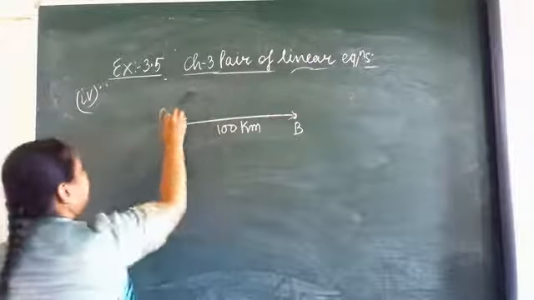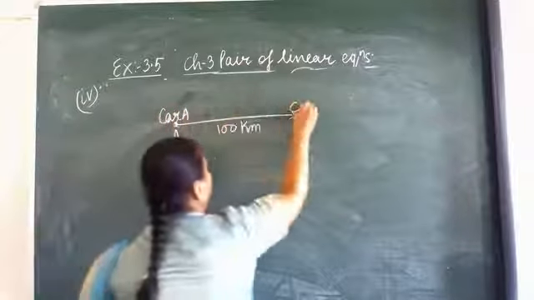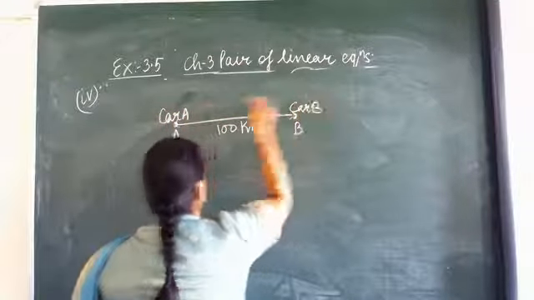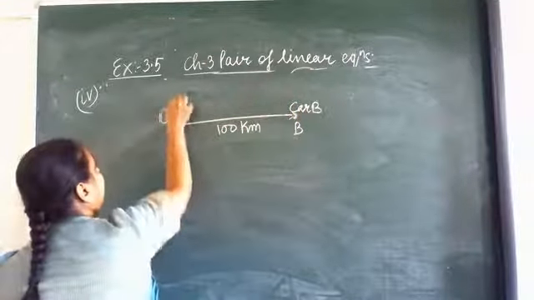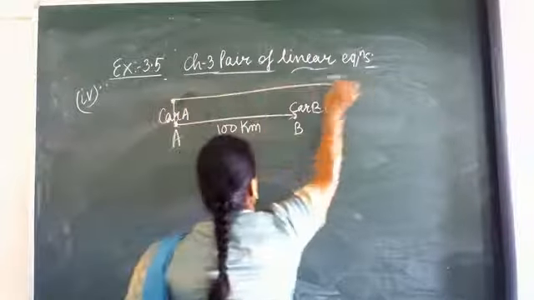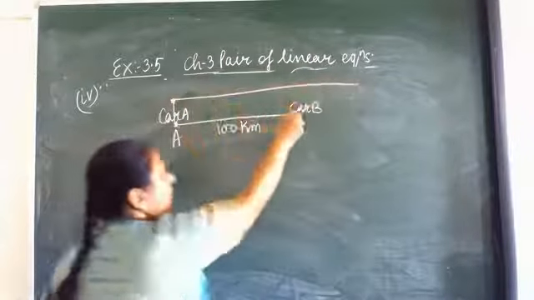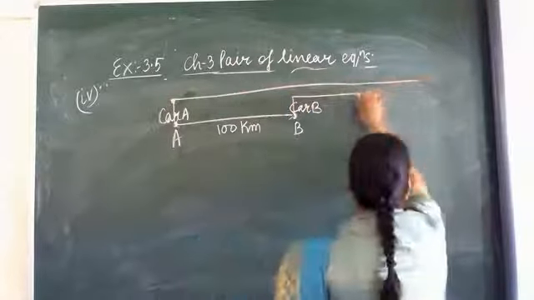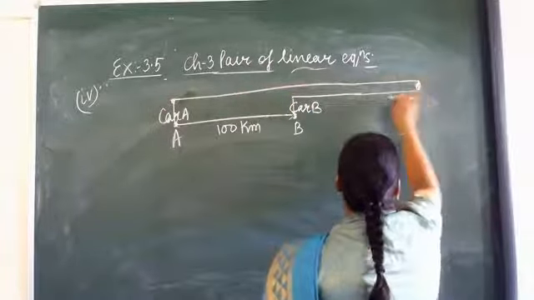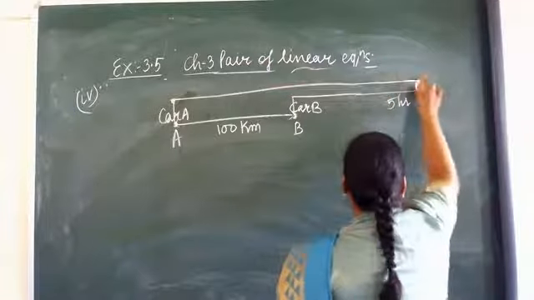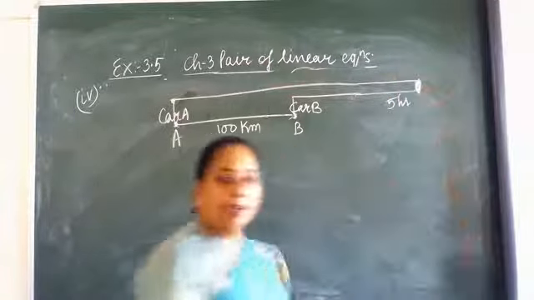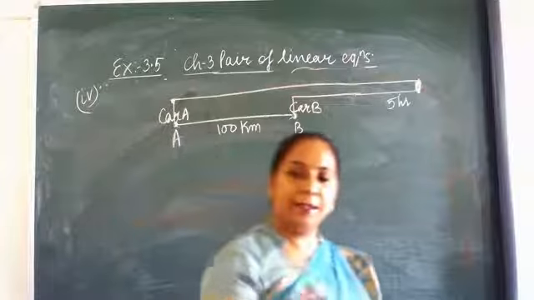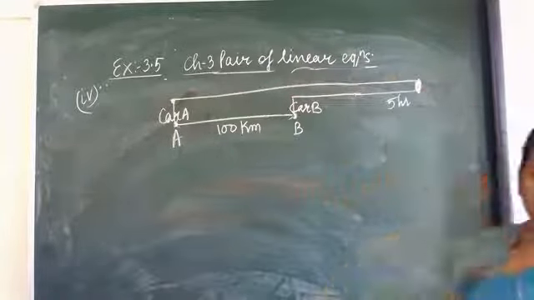This is car A, car B. If they are traveling in the same direction, A is traveling in this direction and B is also traveling in this direction, and then they will meet after 5 hours. Means they take the time of 5 hours.